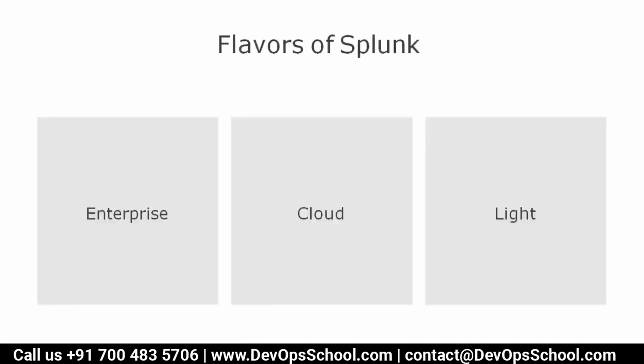Splunk licensing is divided into three parts: enterprise, cloud, and a light version. Enterprise you can install on your premises, on your desktop, Linux or Windows, wherever you want. The cloud version is hosted by Splunk, so you can directly access Splunk Cloud and do everything, for example, ingest and store the data, and pass the data through the dashboard.